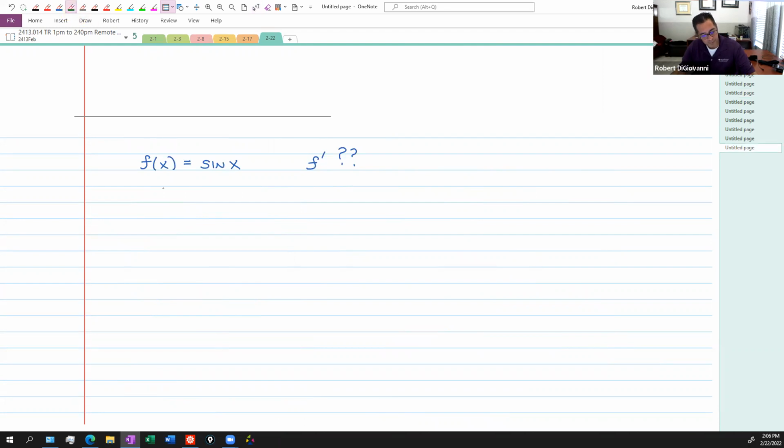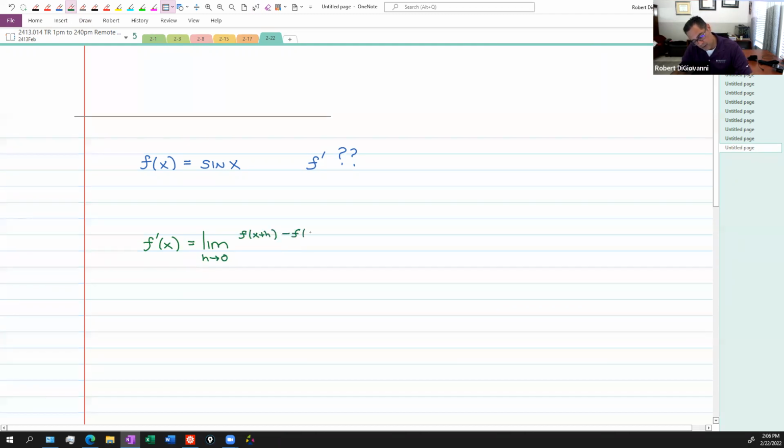So here we go. The derivative of this sine function, f prime of x, should be the limit as h goes to 0 of f of x plus h minus f of x all over h. That's our generic definition. Okay, f of x plus h: we plug x plus h into the sine function, which gives me sine of x plus h, right?